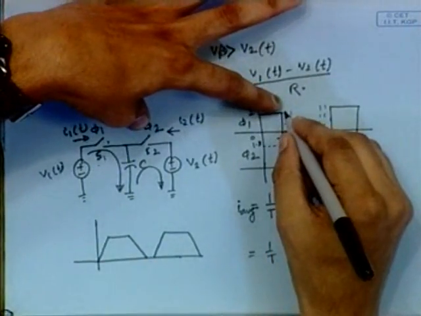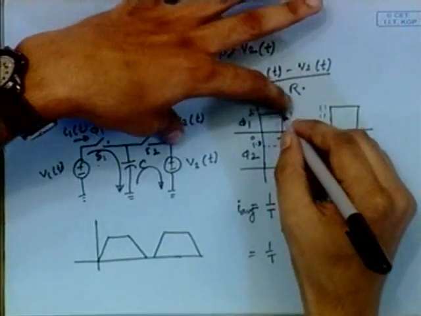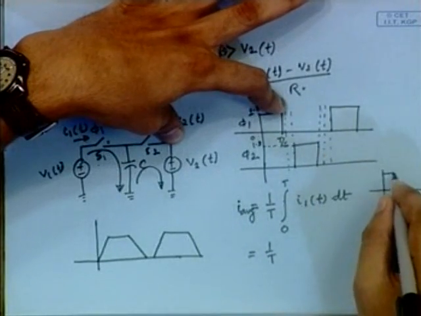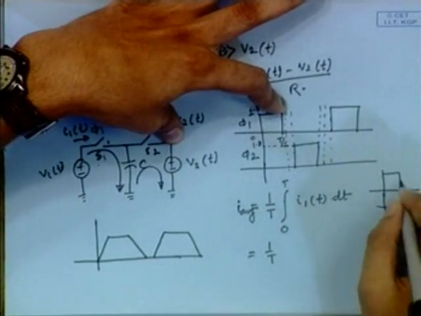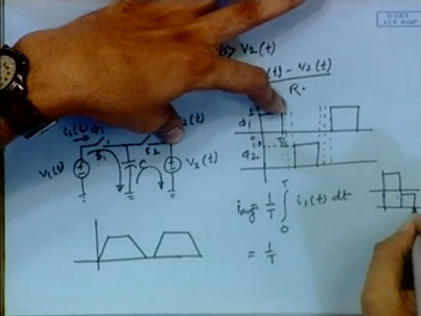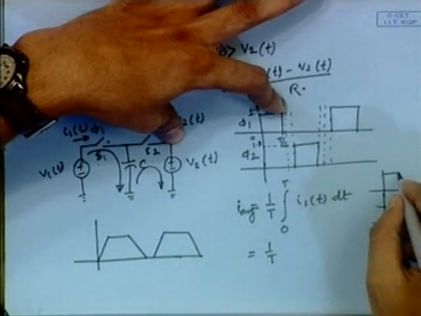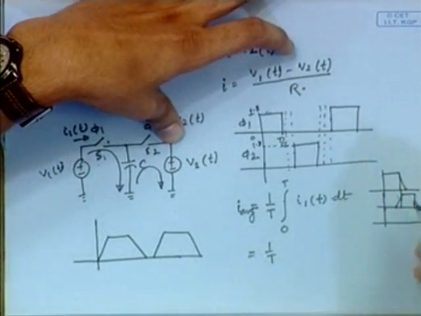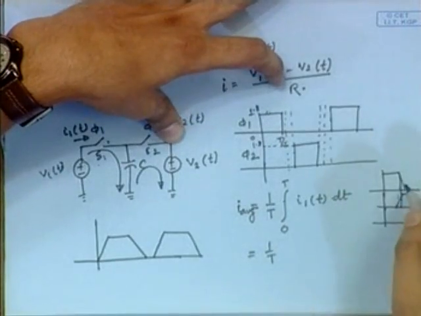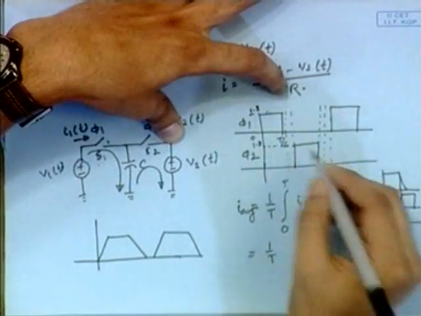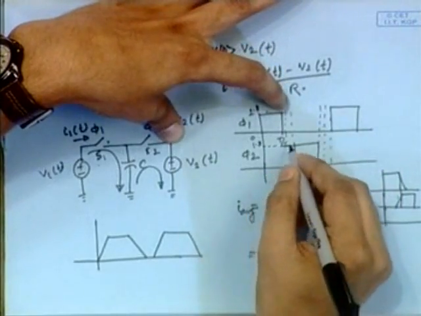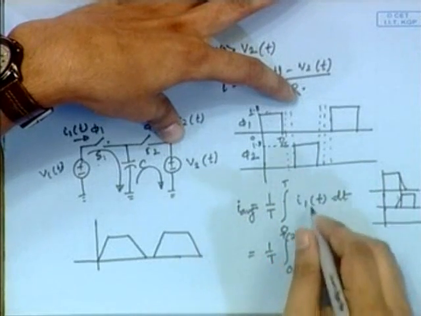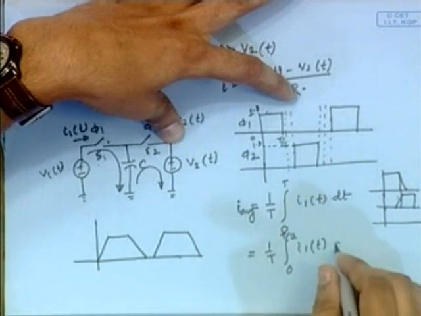It is not like when one pulse ends the next one starts. In between we have the fall time and the rise time, and as I have said, these two are non-overlapping clock pulses, so this should be slightly less than T by 2, but for the calculation we are taking this as T by 2. So this is 0 to T by 2, then I1(t) dt.